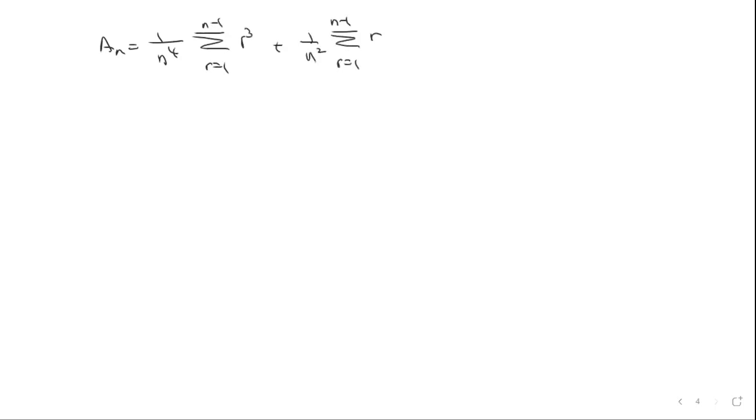Now, we do have the result from part 1, which we'll write out again here. We know that the sum from r equals 1 to n of r cubed equals n squared over 4, n plus 1 all squared.